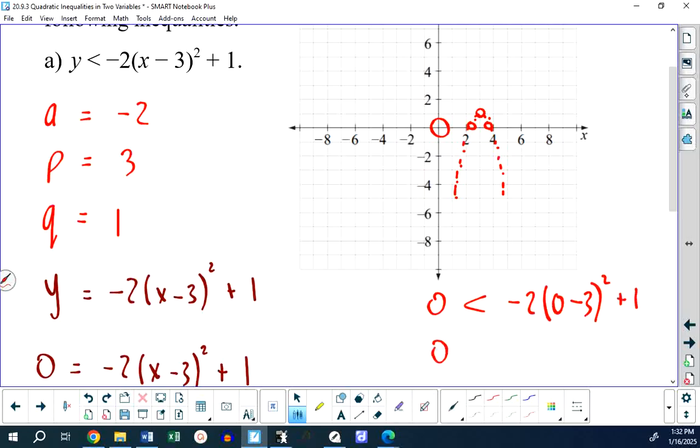And I get 0 is less than, help me out here. It is negative 17, isn't it? I don't know. It is, okay. So is 0 less than negative 17 a true statement? No, it's not, which means that test point is not a solution, and that means that the solution to this equation is found by shading below.